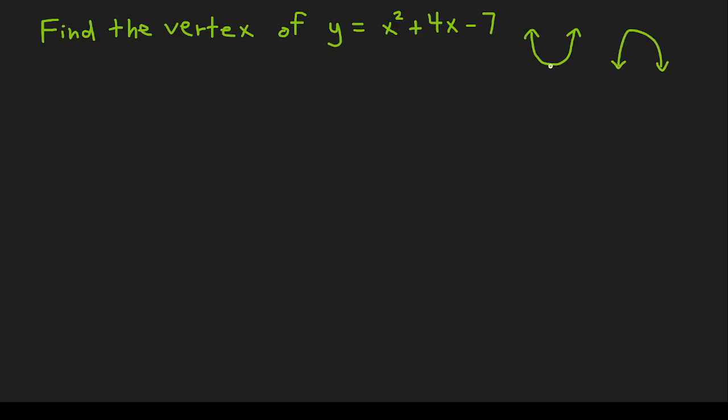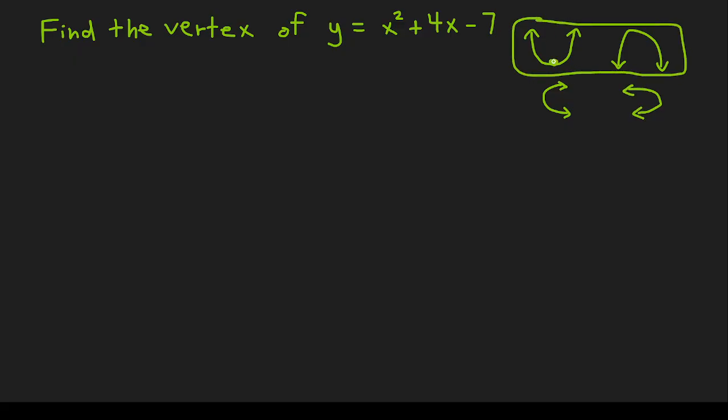At least for the vertical parabolas, it can also go in this kind of fashion with horizontal. But the ones we're going to focus on today are going to be one of these two types here.